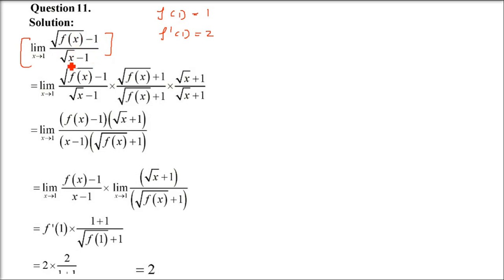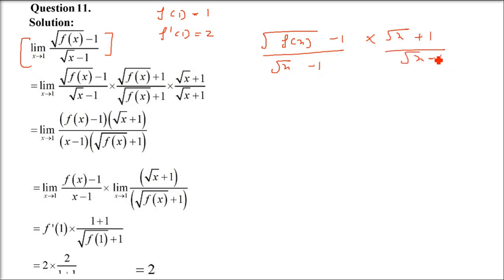So first of all, whenever we have under root something, we have to eliminate the under root. We have to multiply it by the rationalizing factor. So I'm multiplying root x plus 1 for the denominator, root x minus 1, but the numerator is also root.